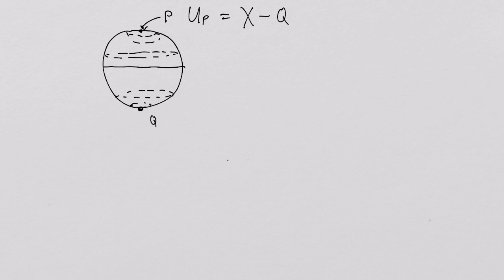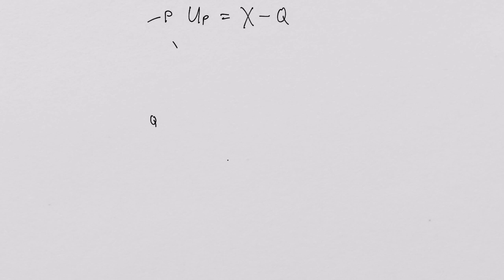So let me redraw this sphere now, because I've got all those lines, and I'm going to redraw it like that. There's the point P. I'm going to eliminate the point Q, right? So Q is gone from this set. And now there's my equator right there. And that is the open set U of P.